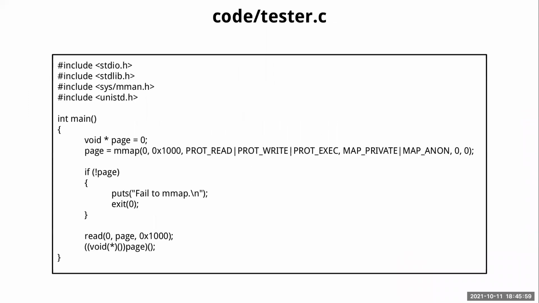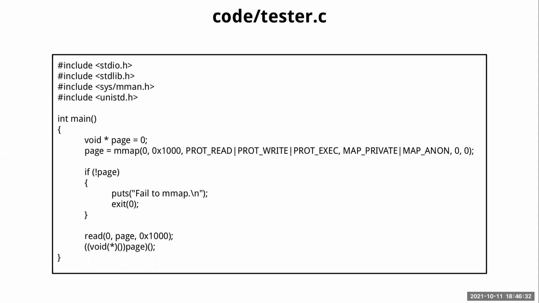assembly code. So this is a shellcode tester I provide. This is a very simple program. I will just do a memory map at the beginning to create a buffer. This should be the size of 1 page.